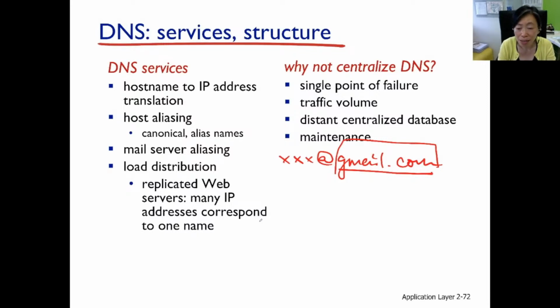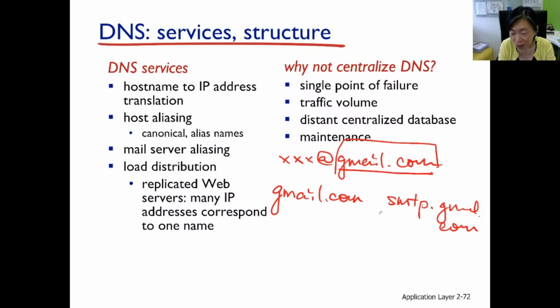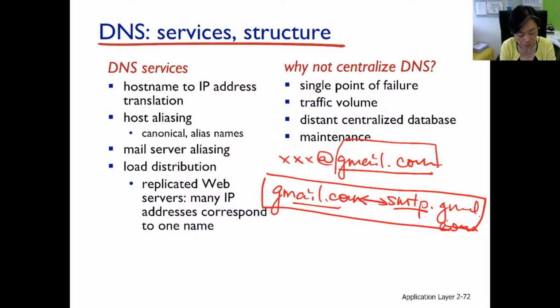So what happens in DNS is there are also these entries saying for this domain, gmail.com, all the emails destined to this domain should be sent to this machine, smtp.gmail.com. This we talked about when we were telnetting to an email server to demonstrate the message exchange there. smtp.gmail.com is the actual mail server for gmail.com. So there is also this entry here in the DNS service, and this is called the mail server aliasing service.